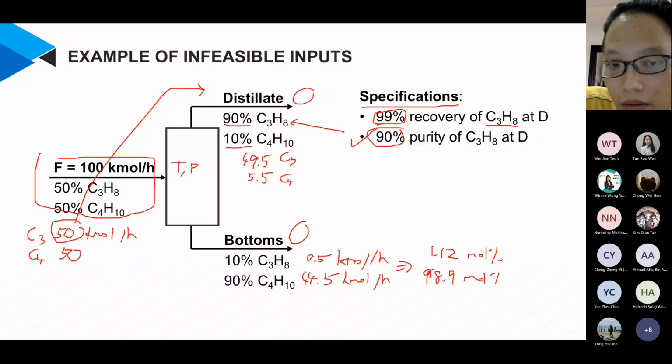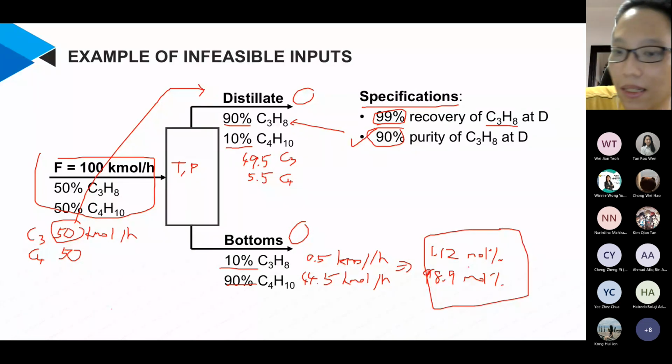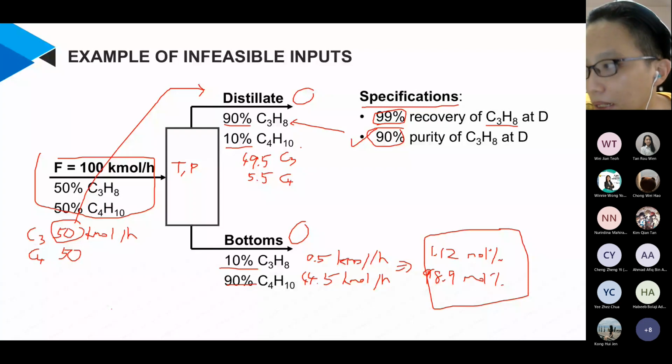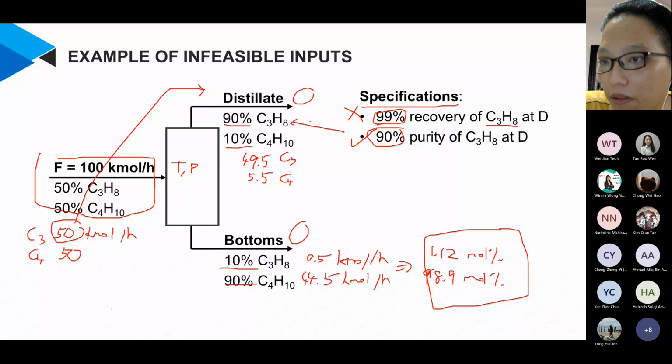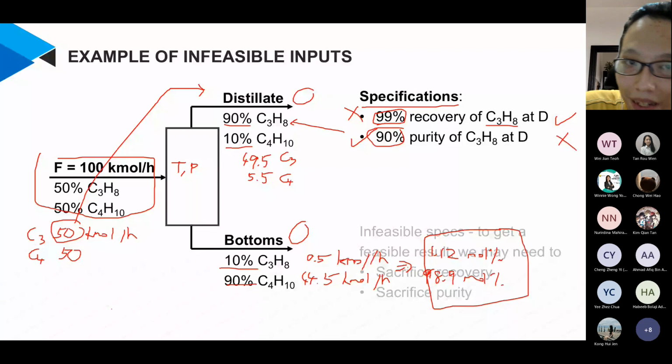So you can see that, but the thermodynamics say the best I can achieve is this 10%, 90%. But in order to achieve both of these items, I will need to have this separation, very, very perfect, almost perfect separation, 99% between the bottom. So this spec will be unachievable. And you can do it the opposite way by assuming that this is achievable, and you can find that this is not achievable. So this is infeasible specs.